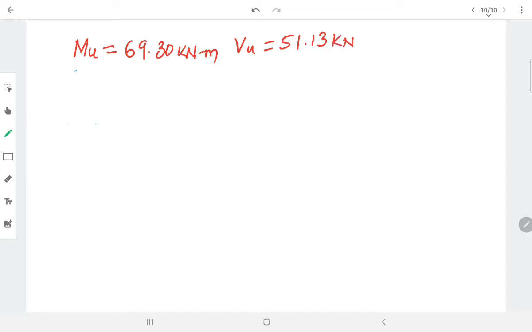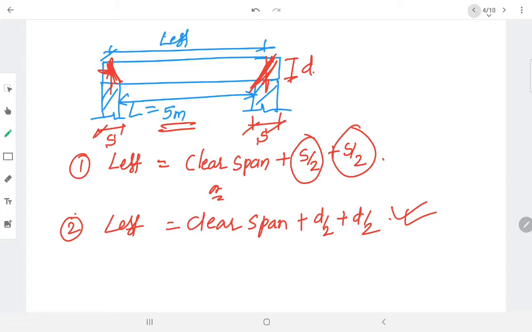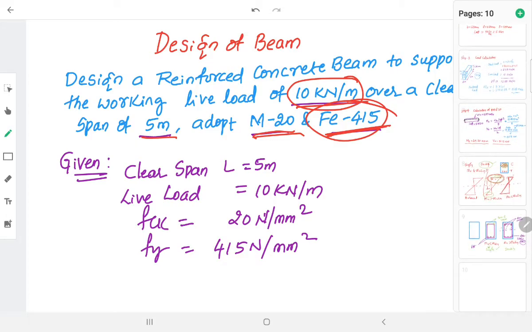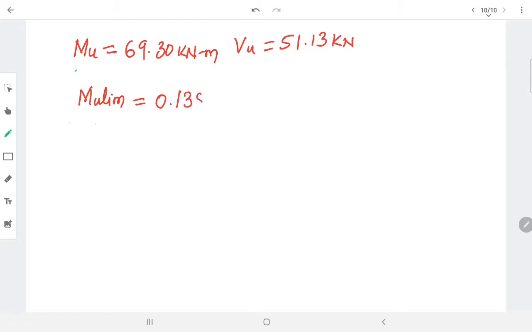To come to a conclusion whether it is singly or doubly, I must calculate Mu limit. Mu limit, we have already given a chart for Fe415 steel. For Fe415 steel, I will take Mu limit equal to 0.138 fck b d square.